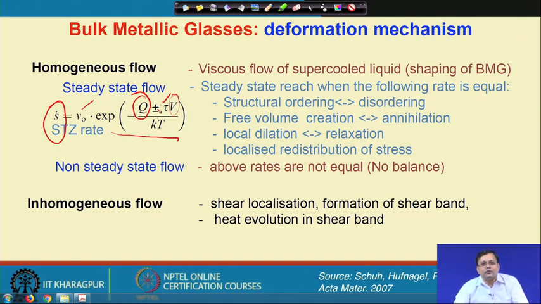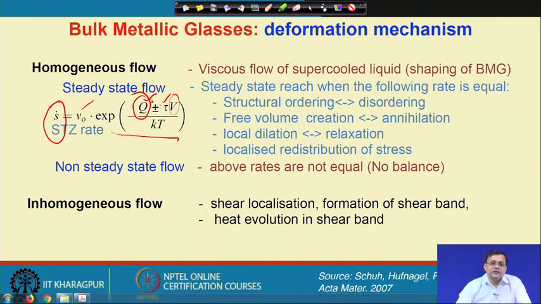So, let us say a particular shear transformation zone may get favored, or an atomic scale cluster may favor to undergo a shear transformation by the application of stress, or it could be retarded by the application of stress.